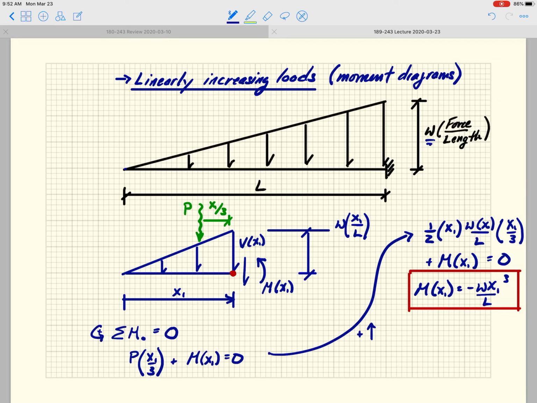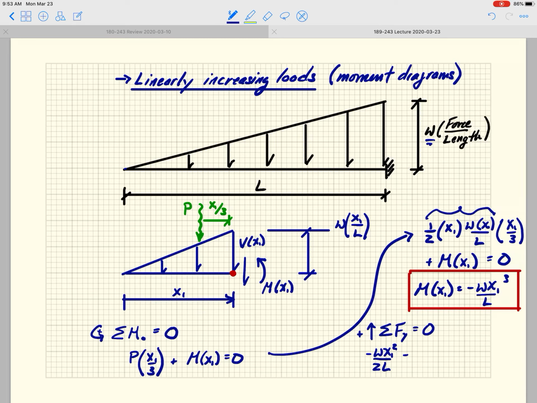So now we can finish this guy here. Didn't really plan out the real estate on the iPad very well, but the sum of the forces in the y direction equals 0. So again, the total force is wx squared over 2L, and it's downward, so it's negative.